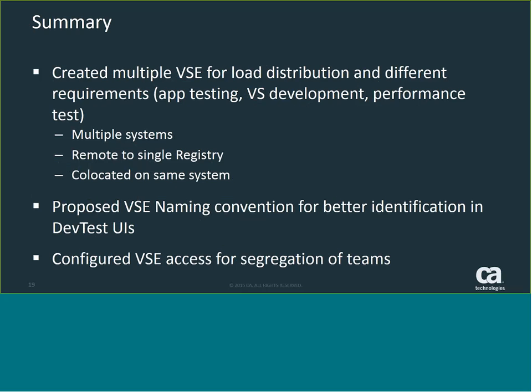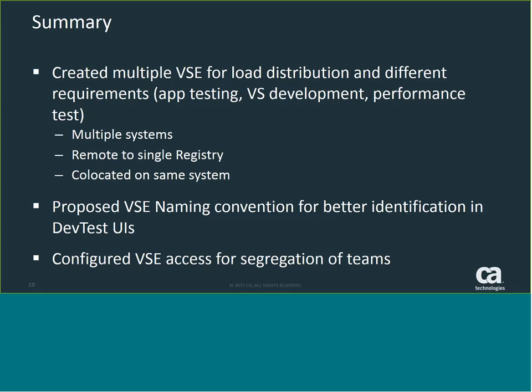What we did in the demo and in the presentation, that we created multiple VSEs for load distribution and different requirements, as we laid out in the initial use case, that we have users to do the application testing, users that create virtual services or add new data to the virtual services, and other users may run performance tests.